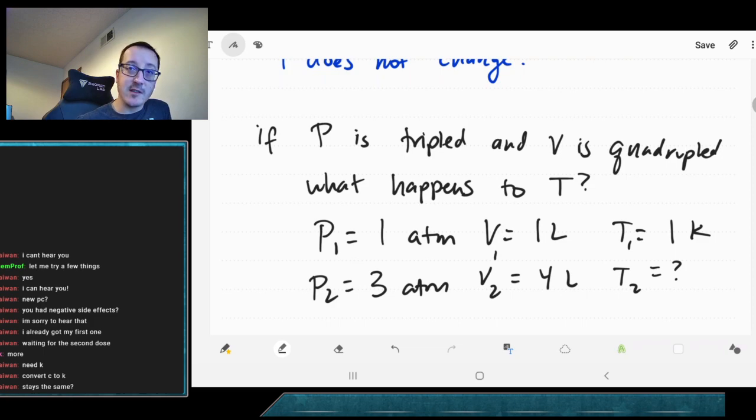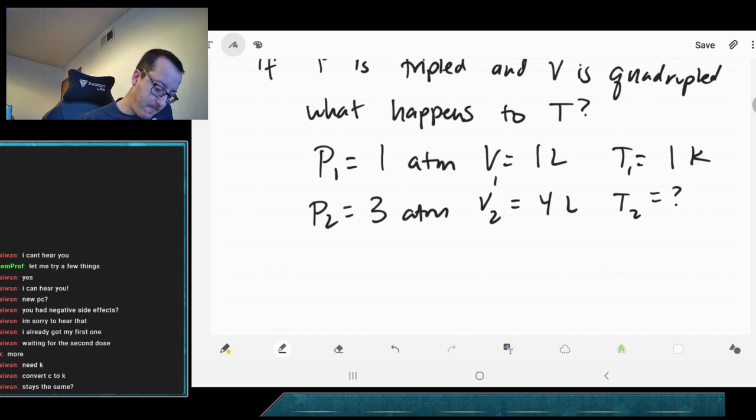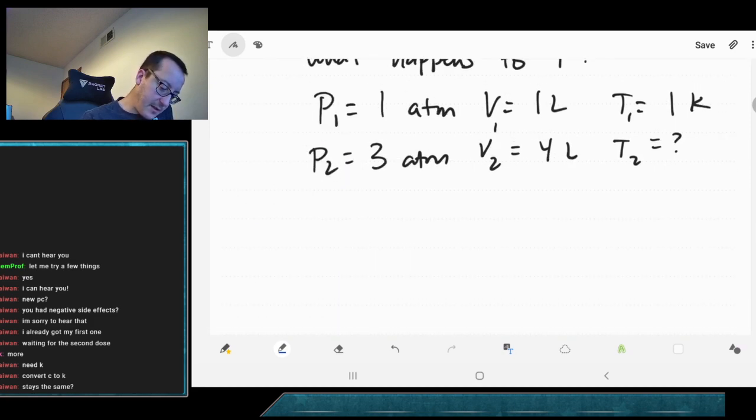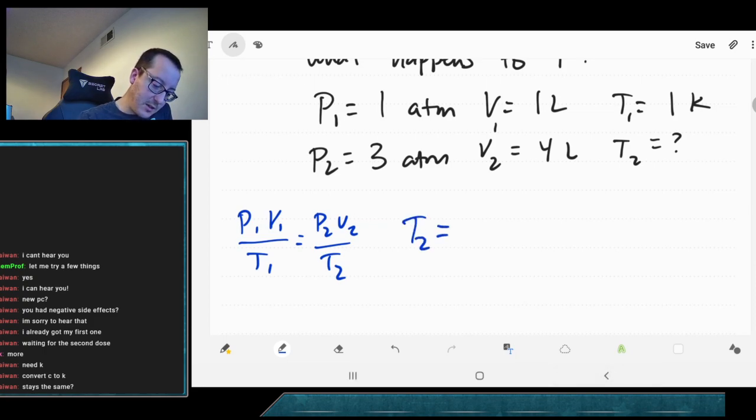Let's see what the temperature is going to be here. Since we have not solved for temperature yet, we can do that, just in case anybody wants to practice their algebra skills. If we're solving for T2, we would multiply both sides by T2 and divide by P1, V1 and multiply by T1. It's a bit more of a complex solving.